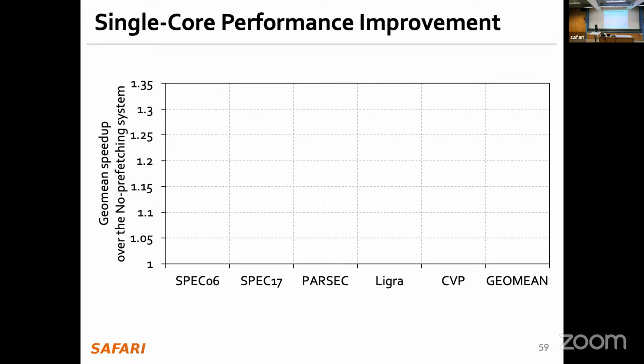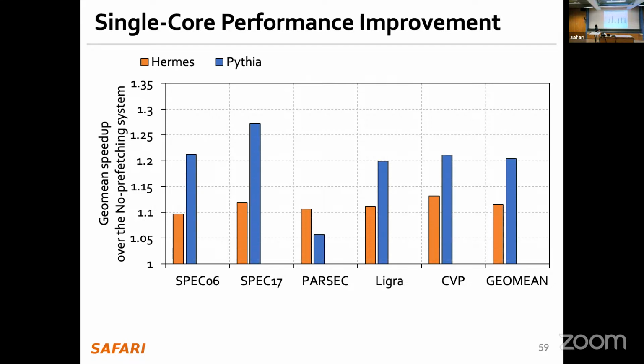Here is the single core performance improvement of Hermes as compared to the state-of-the-art prefetcher Pythia, right? As I said, Hermes is not exactly a prefetching solution, but it does do latency hiding. So in that sense, it's not that bad.